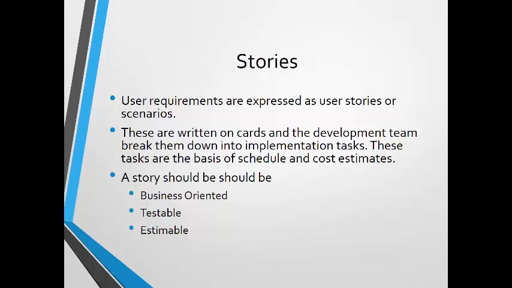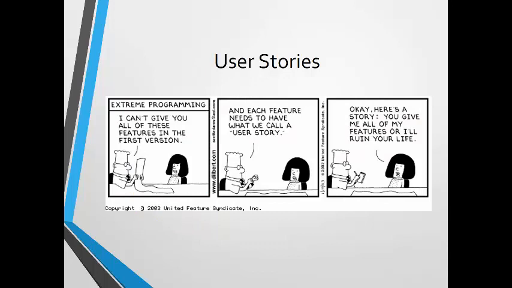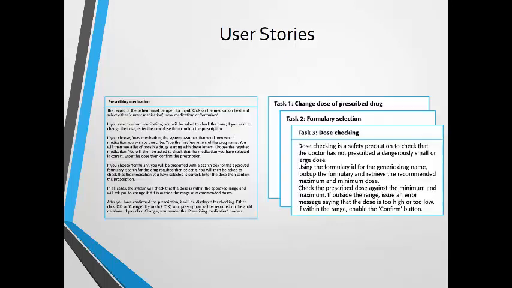By the way, you can see an example of a user story in Figure 3.5 on page 65 of the 10th edition, which I'll cover after the comic plays out in your mind here. That example deals with prescribing medication to a patient. The story is then broken down to task cards. So here's the user story, again Figure 3.5 on page 65 of the 10th edition.